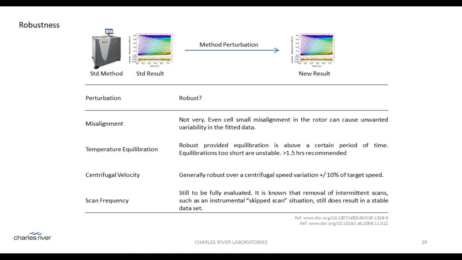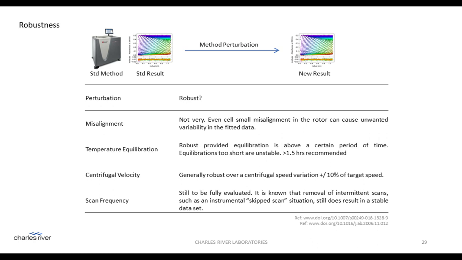Therefore, wait times greater than about 1.5 hours would usually be recommended for any regulated work. The preset centrifugal velocity parameter, shown next, is generally quite robust. When we dialed in spin speeds that differed by plus or minus 10% of the nominal target velocity, results at these slightly different spin speeds still matched the expected results from the nominal situation.